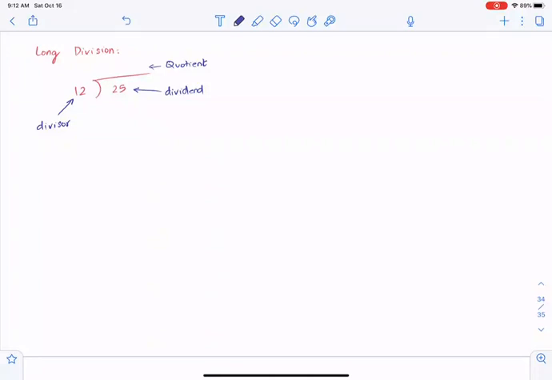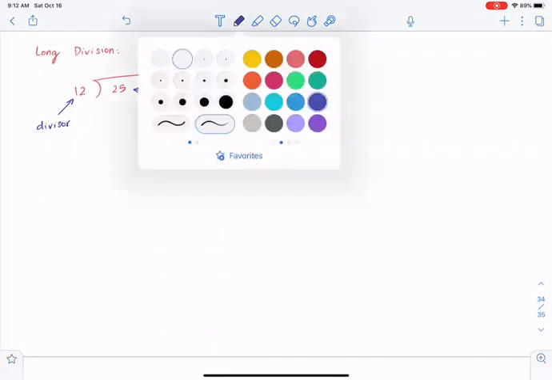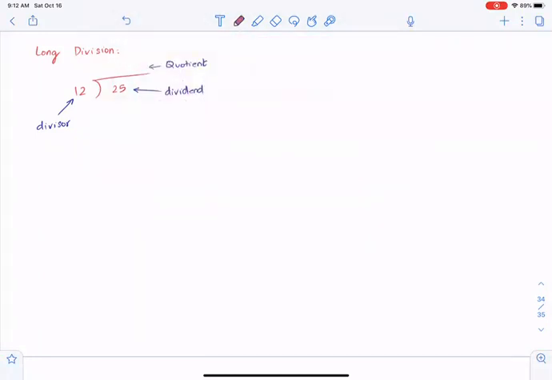In other words, I need to find the closest multiple of 12 to 25. Well, 12 times 1 is 12, pretty far from 25.